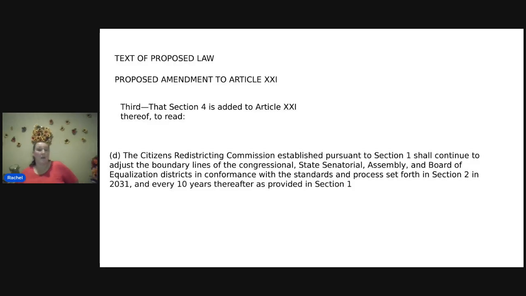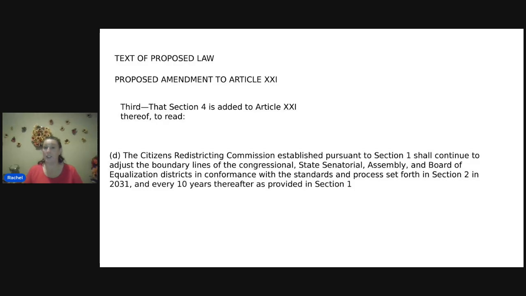And then part D, the Citizens Redistricting Commission, established pursuant to Section 1, shall continue to adjust the boundary lines of the congressional, state senatorial, assembly, and Board of Equalization districts in conformance with the standards and process set forth in Section 2 in 2031 and every 10 years thereafter as provided in Section 1.